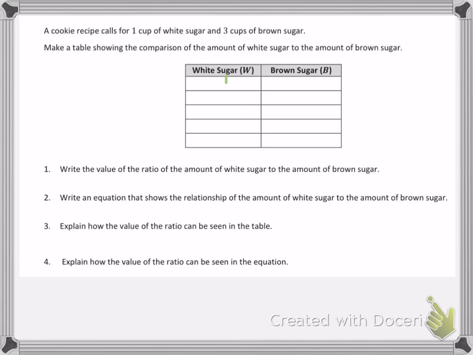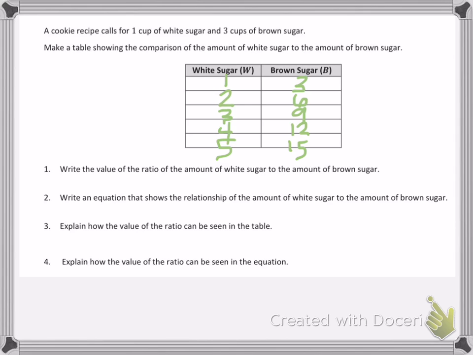So my first ratio is a 1:3 ratio. And then knowing that, we can start to make equivalent ratios by just skip counting. So on the white sugar side, I'm just going to count by ones. And there's 5. And then on the brown sugar side, we'll have counting by 3, 6, 9, 12, 15.